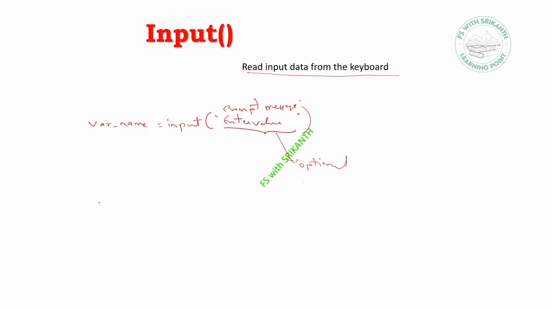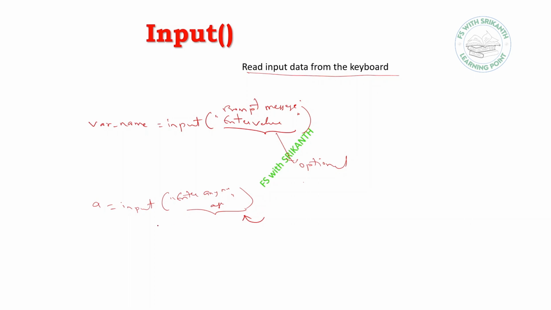Suppose we write a = input() and we are not providing any prompt message here. A user may not know what type of value to enter, an integer or text, so he needs clarity. So you can mention here "enter any number" or "enter age". This type of message we may pass to the user.